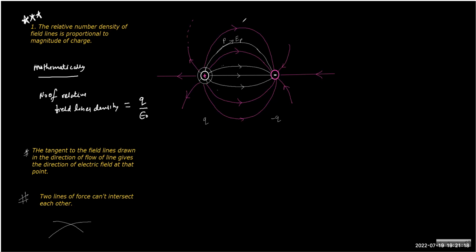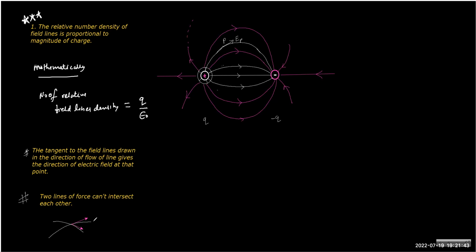The moment you say there is an intersection, at the point of intersection we can draw the tangent either like this or like this. We will get two. Which means at one point there are two possible directions of field, which is physically absurd. It's not possible. So that is why we cannot have two field directions at one point.